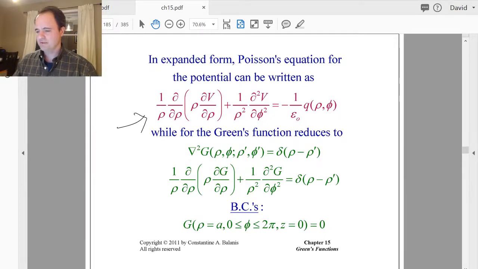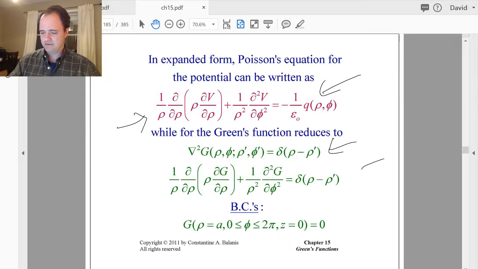So we are assuming that V does not have a z dependence, and therefore our G's will also not have a z dependence. This is the equation that we have to solve for V. So we find the Green's function for this, and on the right-hand side we change it to the delta Dirac, as we've always done.